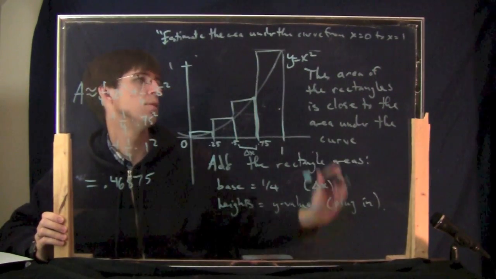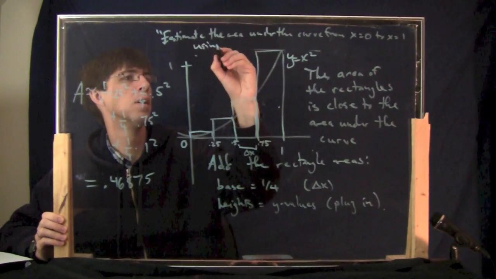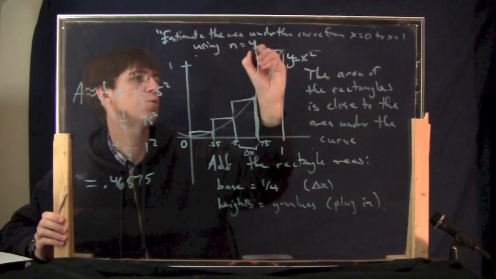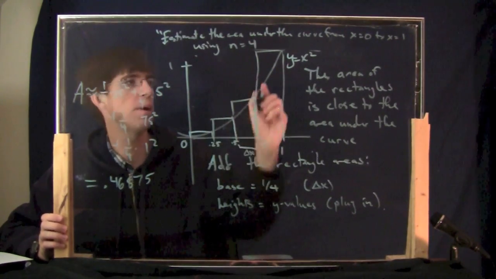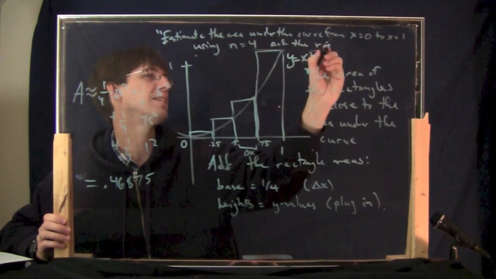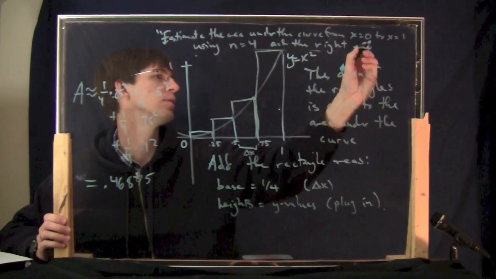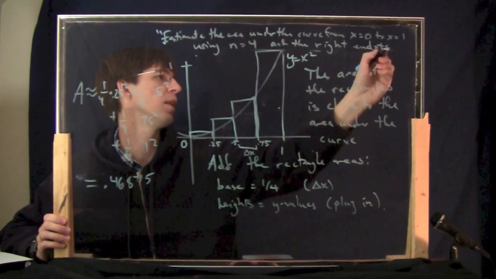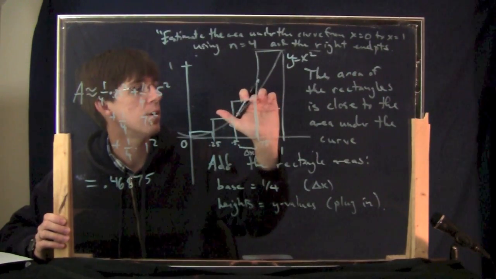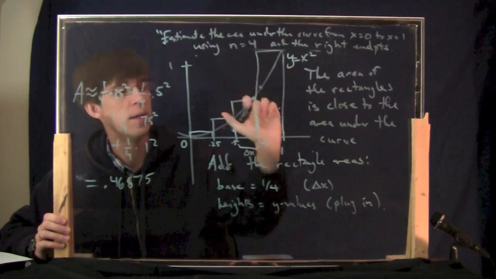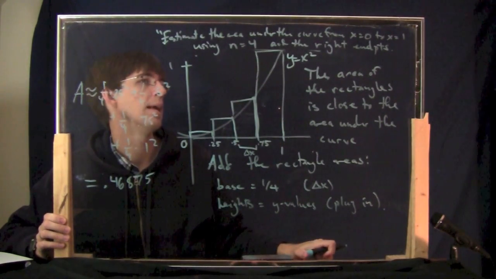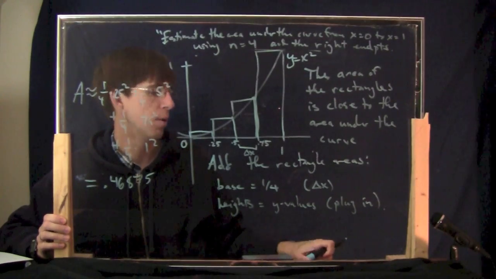This is a standard way that you describe what I just did: N equals 4. That means you divide the thing into 4 rectangles. And the right endpoints, I mean right as opposed to left. When I drew the rectangles, I made them go up so that their height touched the curve at the right endpoint. All right? N equals 4 and the right endpoints.